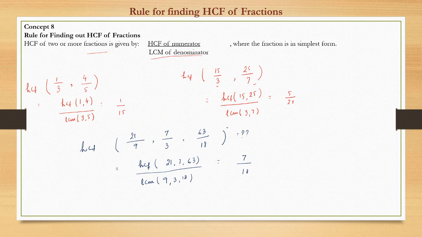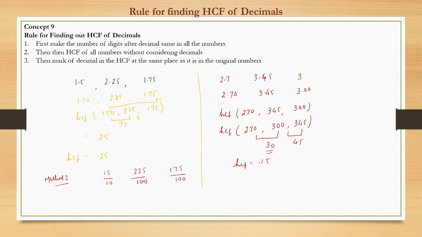Acha, this process is valid only when the fraction is in the simplest form. So if you want to find the HCF of fractions, make a point to convert the fractions into simplest form. So this will be 3 by 2, this will be 9 by 4, this will be 7 by 4.